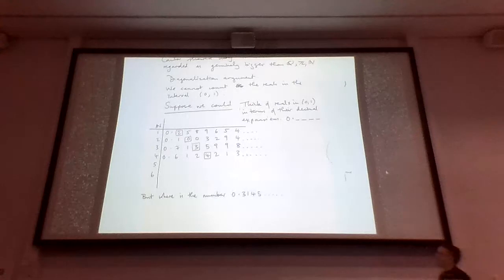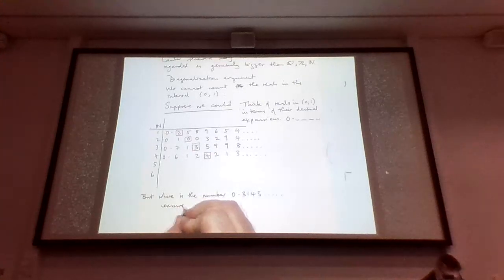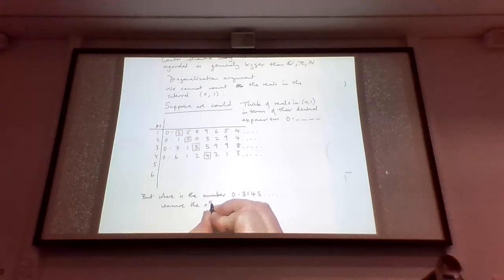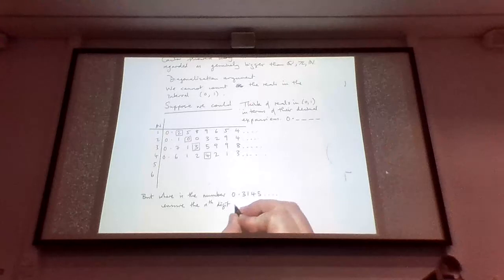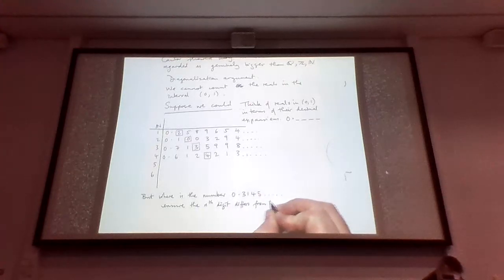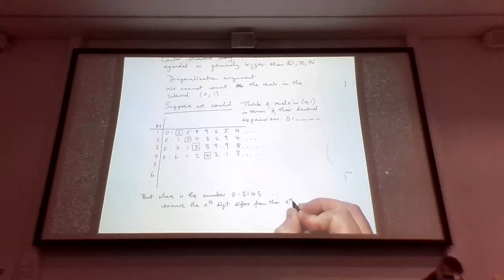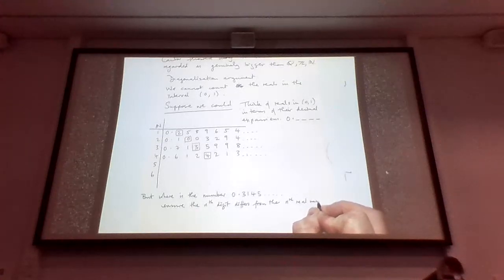I make the nth digit of this differ from the nth real number, because we're supposing we could count them.